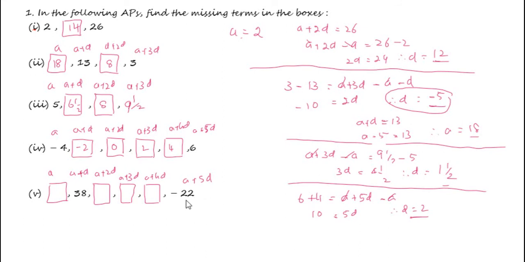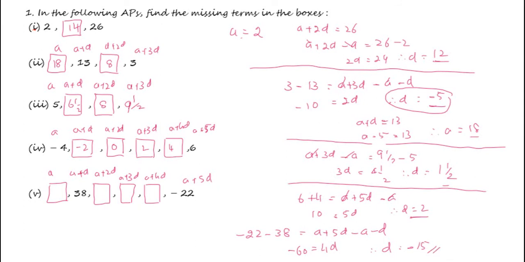Let us subtract A plus D from A plus 5D, that is minus 22 minus 38, equal to A plus 5D minus A minus D. So A cancels, so this is 4D. 4D equal to minus 60, therefore D equal to minus 15.